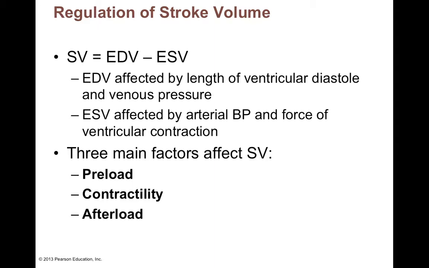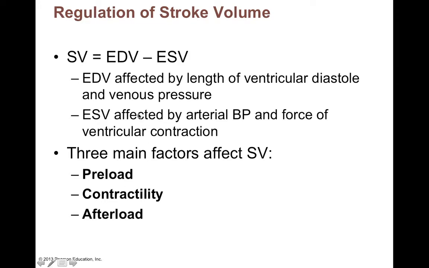And so we were saying then that EDV is the amount of blood that fills your ventricle right before it contracts, and ESV is the amount of blood that remains in your ventricle after it contracts. So the difference between the two is this, which is effectively how much blood was pumped out. That's stroke volume. So stroke volume is the amount of blood your heart pumps out in 1 beat.